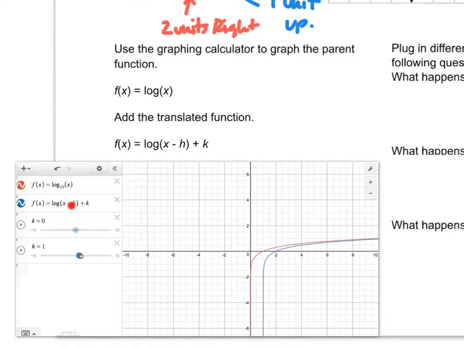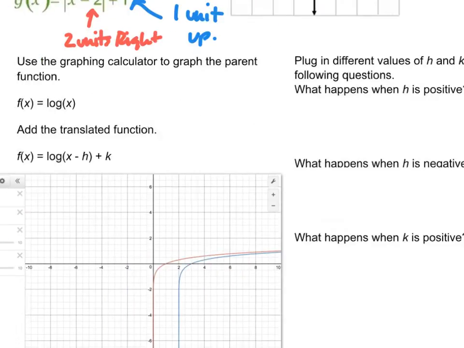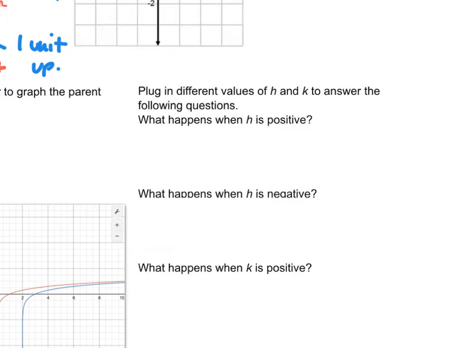But if I manipulate the input, then that's going to move it left and right. So if you manipulate the k value, it's a shift up and down. Manipulate the input value, it's a shift left and right. And that's the idea. You can plug in different values, and you'll figure all that out later.